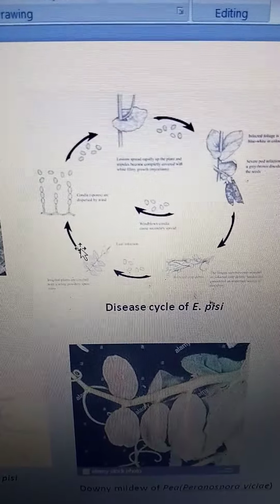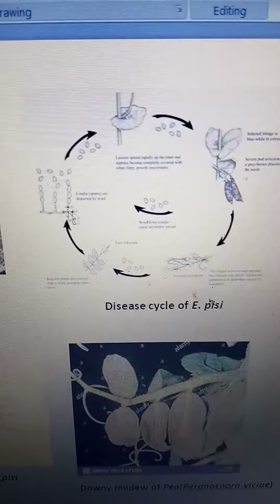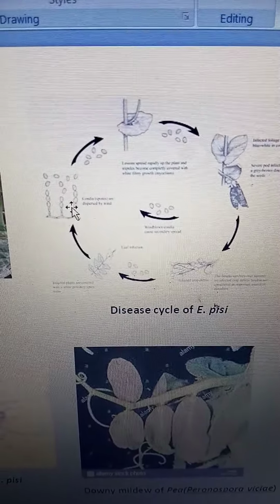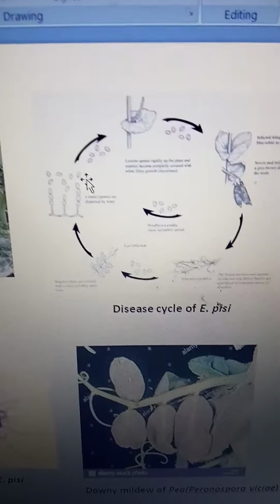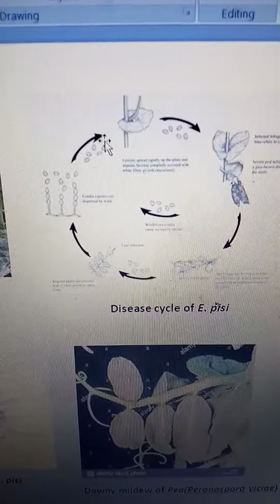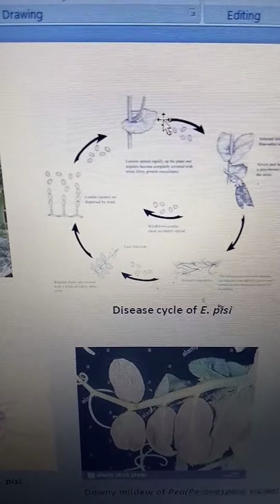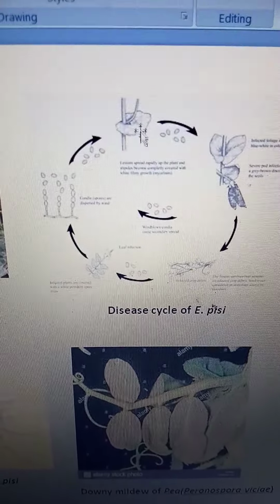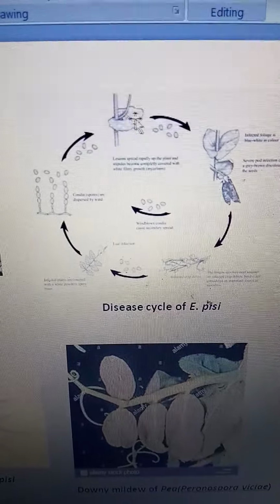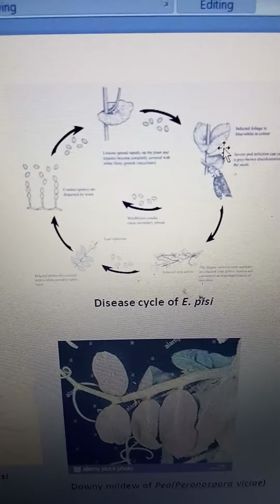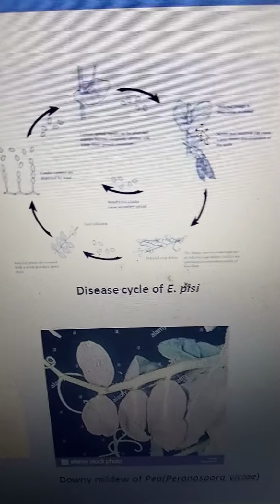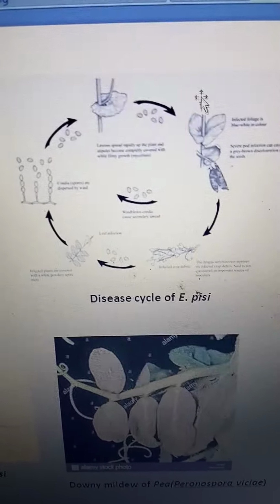Then from the leaf, spore and conidiophore will form, and these spores will be blown by the secondary agent, that is by the wind, and give new infection to the pea leaf. And from there spores will transfer to the healthy leaf and it will cause another infection. This is how the cycle goes on.